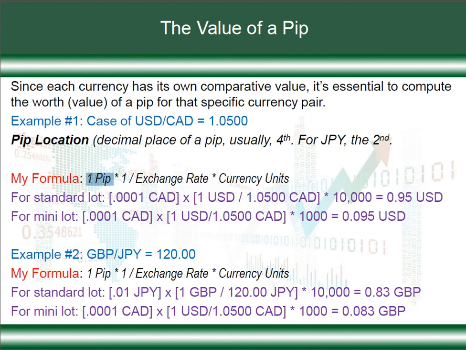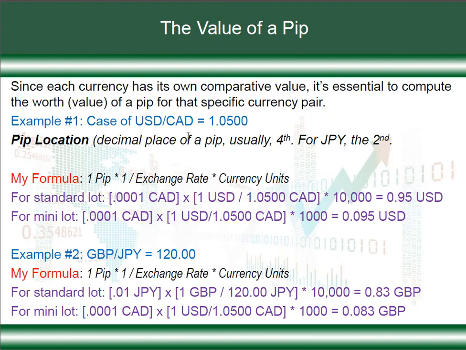You take 1 pip, and a pip depends on the decimal places we talked about, 0.0001 or 0.01. So if it's 4 decimal points, it becomes 0.0001. I hope you get the point.